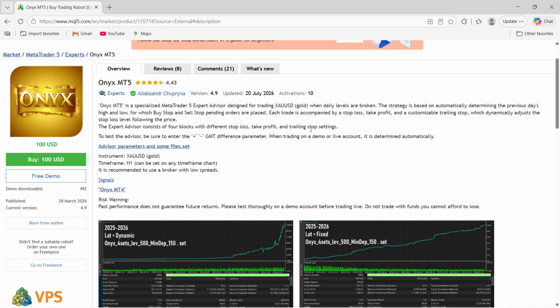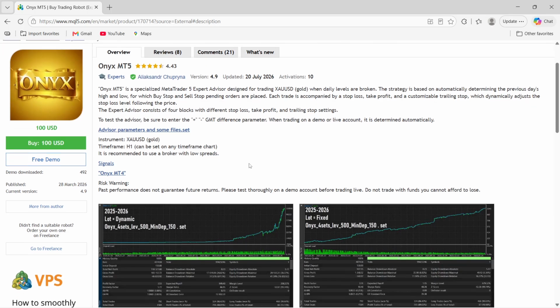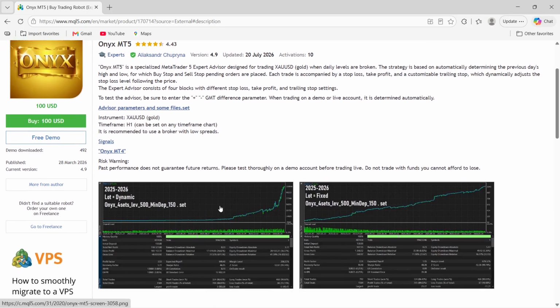The advised parameters are XAUUSD on the 1 hour time frame, or it can be set on any time frame chart, and it is recommended to use a broker with low spreads.